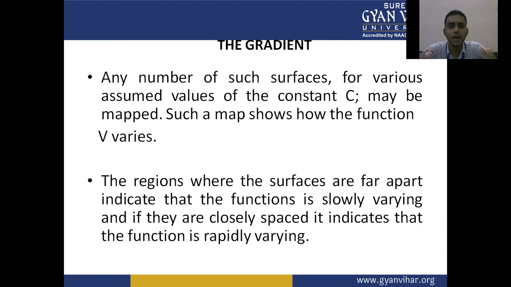Such a map shows how the function V varies. The regions where the surfaces are far apart indicate that the function is slowly varying, and if they are closely spaced, it indicates the function is rapidly varying.